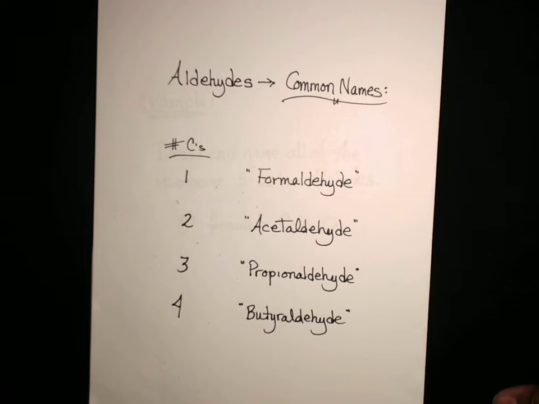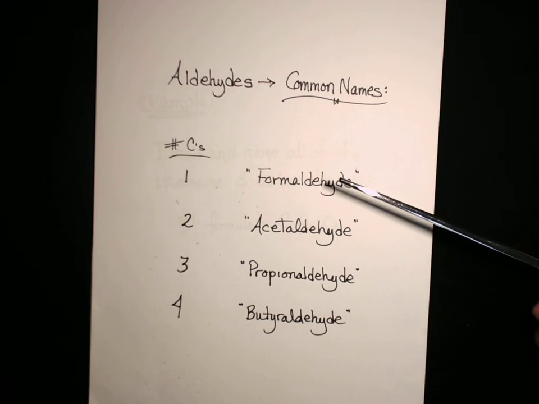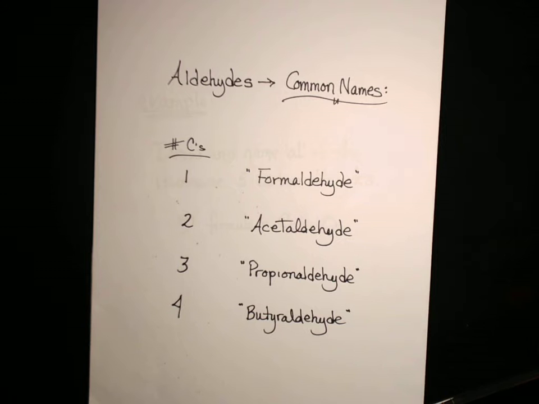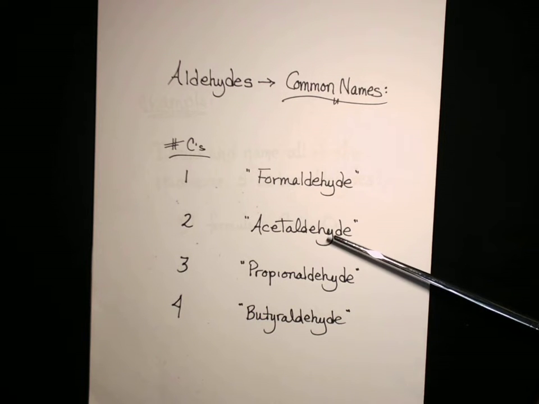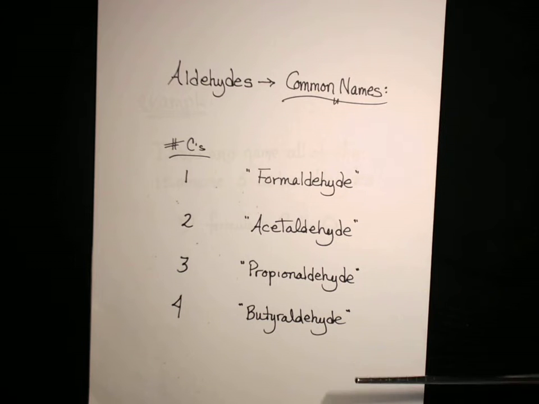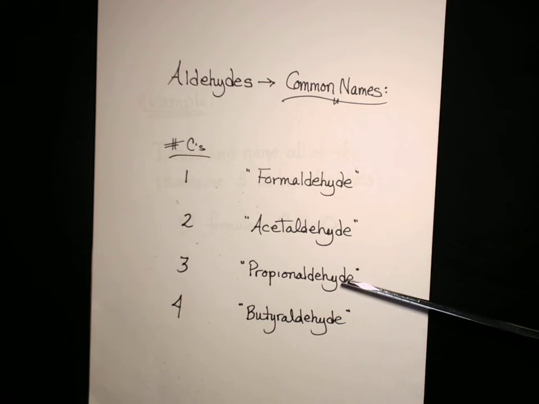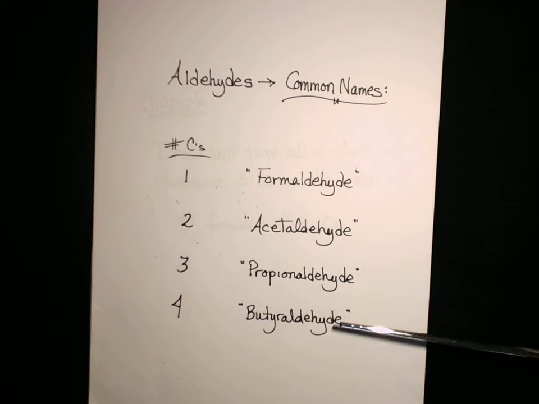If I look at some of the common trade names for my aldehydes, we've already said that a 1-carbon aldehyde could go by the name methanal, but it may also go by the name formaldehyde. 2 carbons, acetaldehyde. 3 carbons, propionaldehyde. 4 carbons, butyraldehyde.